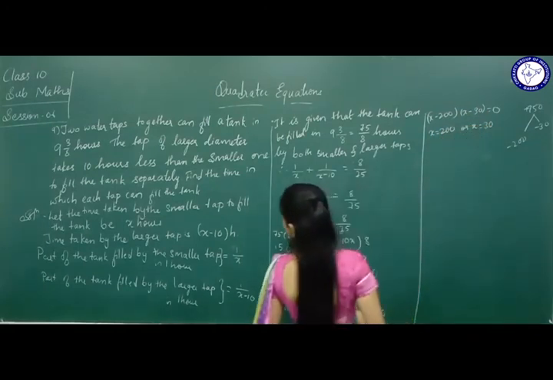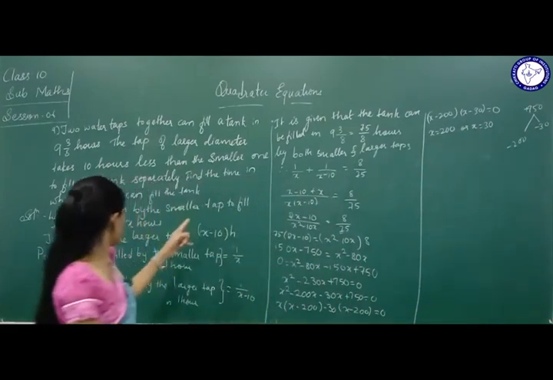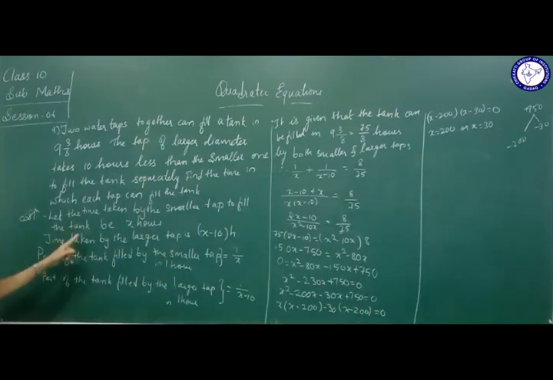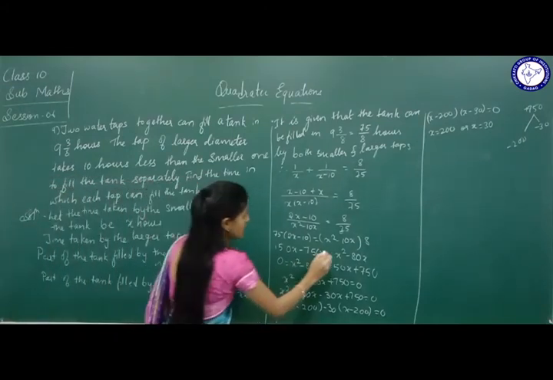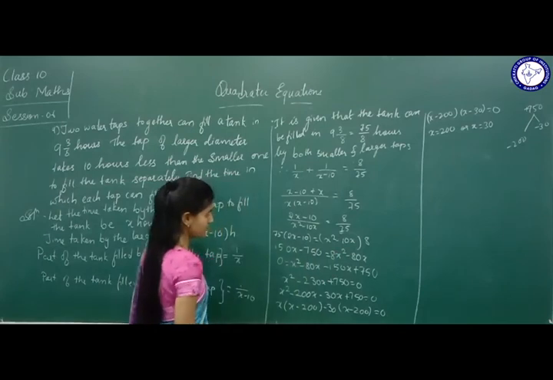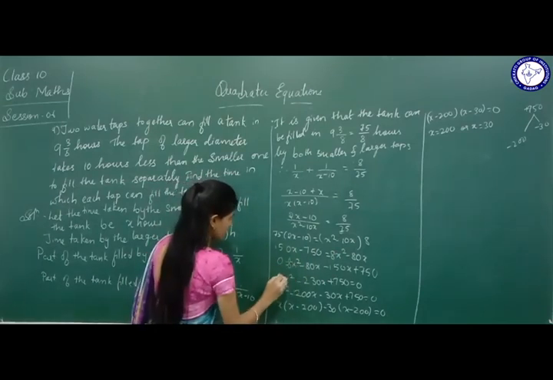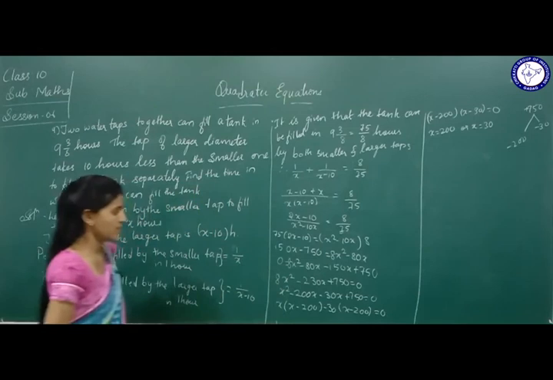What have we considered as x? Time taken by the smaller tap to fill the tank be x hours. So what has happened? See, we have not multiplied here. It is 8x square, 8x square, right?